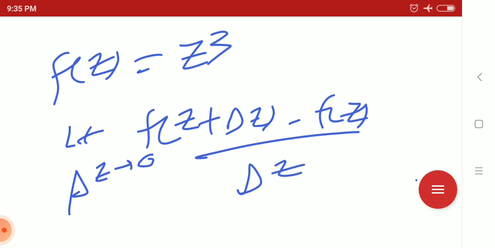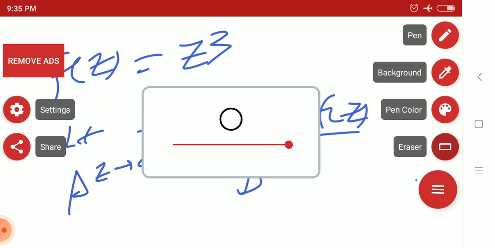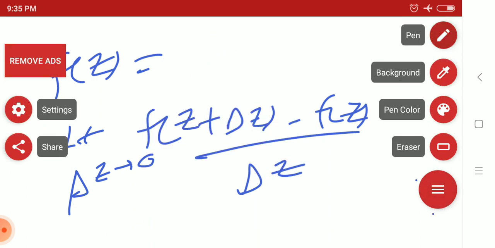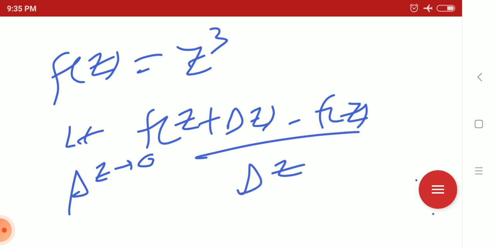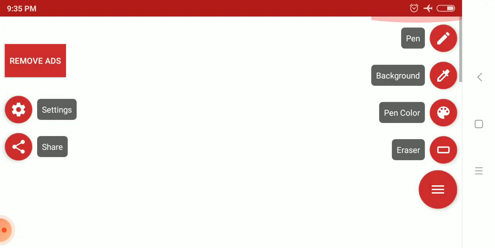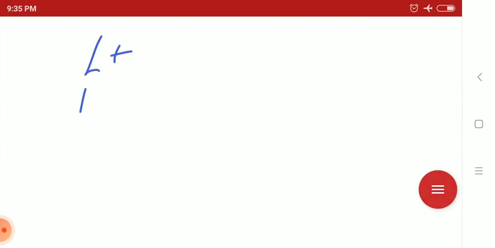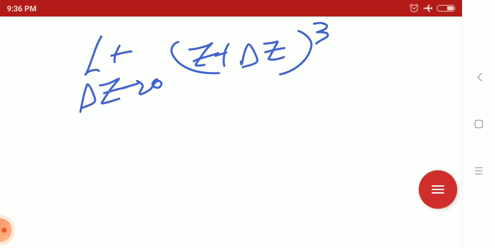This is the mathematical definition. So if we write z cube, then we can write limit delta z tends to 0, z plus delta z whole cube minus z cube divided by delta z.